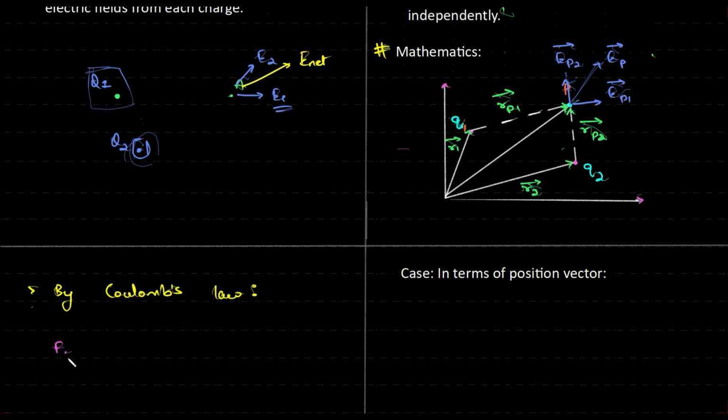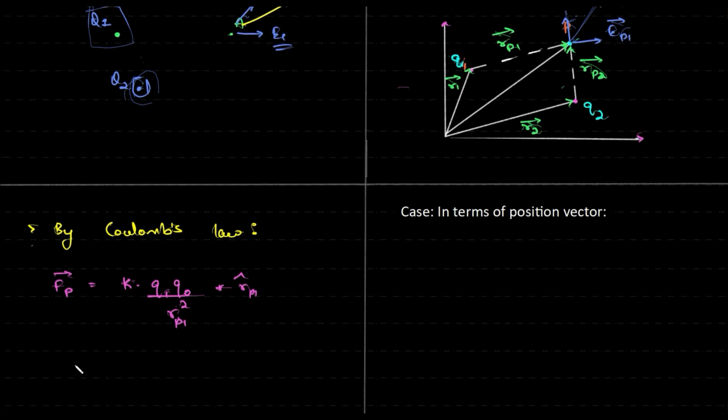The force at P, provided we keep a charge of Q naught, would be K Q1 Q naught by RP1 square into RP1 cap, plus K Q2 Q naught by RP2 square into RP2 cap.